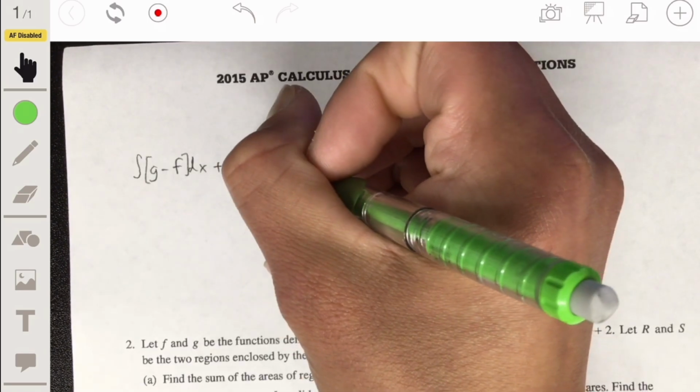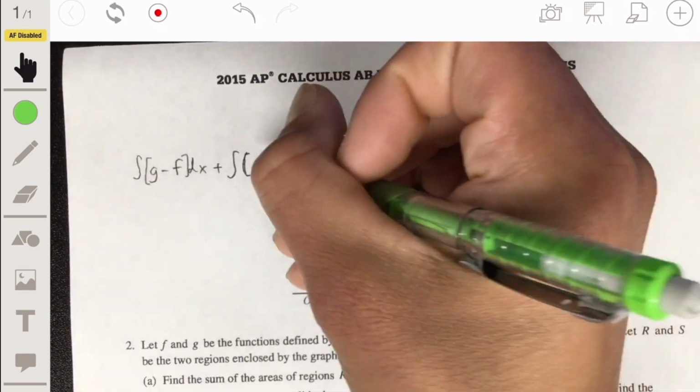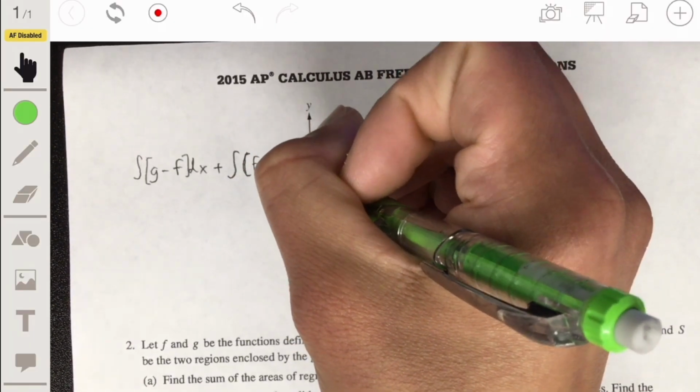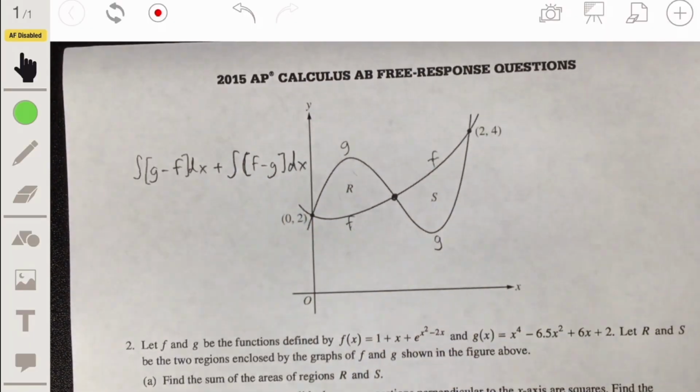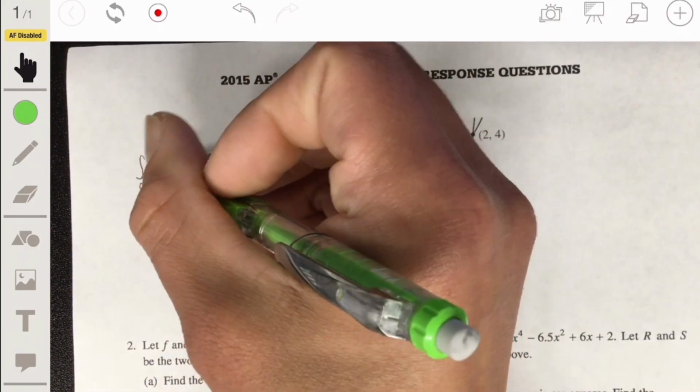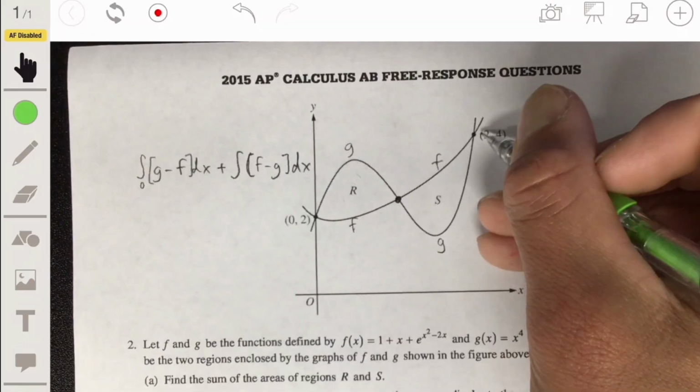And I'm just doing some shorthand just so you can get the idea. On your test, make sure you write it really nicely. So that's the idea. We need to figure out where they intersect. So we would go from 0 to whatever that point is and stop at 2.